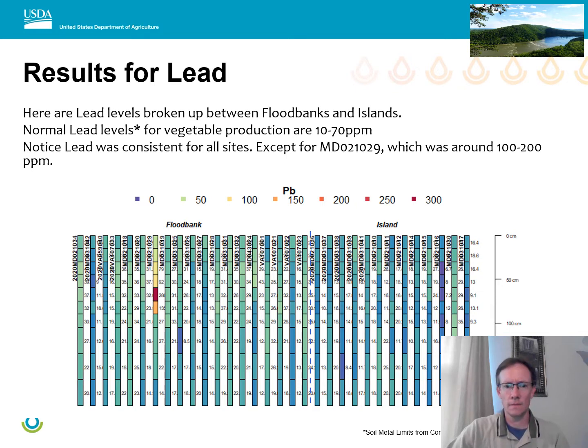Here's your flood bank and island and the lead levels, and they were fairly consistent except for a couple on the flood bank side here, which were between 100 and 200 parts per million. These were near an abandoned train depot, and that's why they have elevated levels of lead.